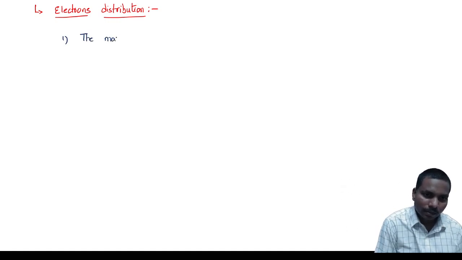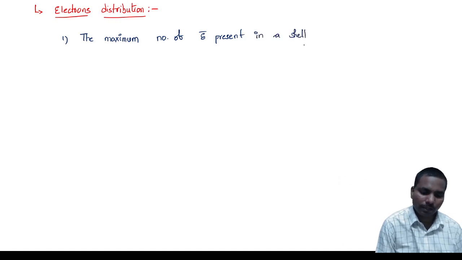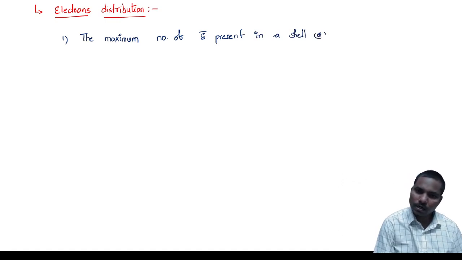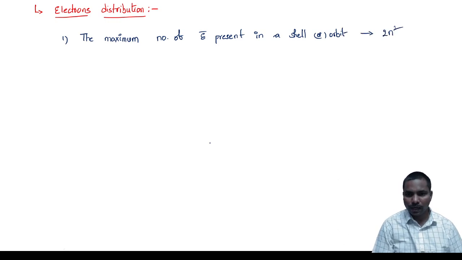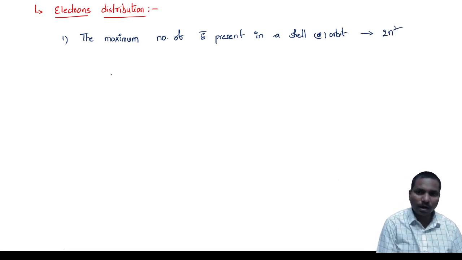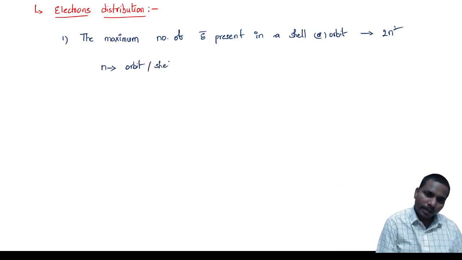The maximum number of electrons present in a shell or orbit is nothing but 2n square, where n is the orbit or shell number.